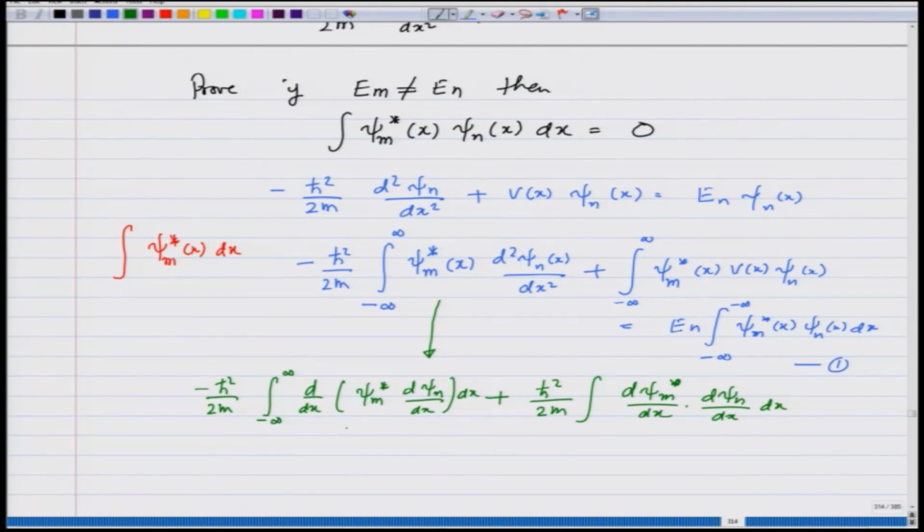The first term can be integrated fully, and since ψ and their derivatives all go to 0 as x tends to infinity, this term is going to be 0.